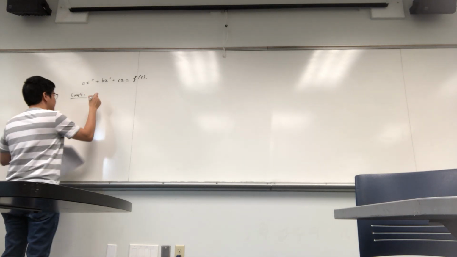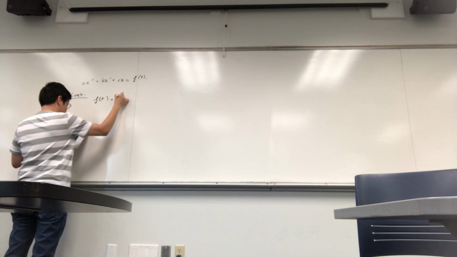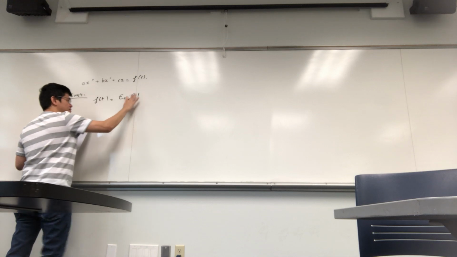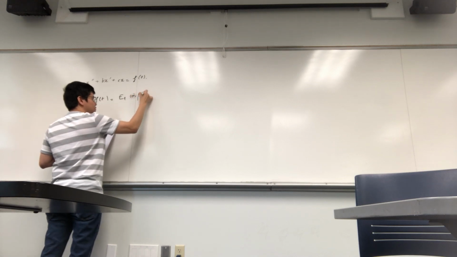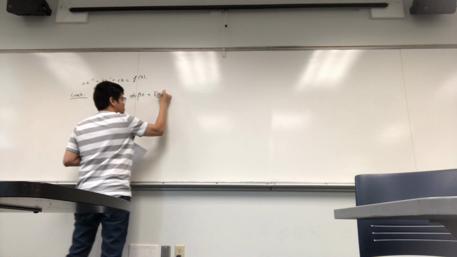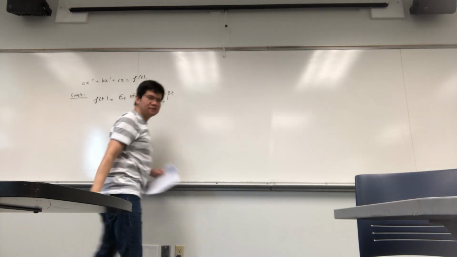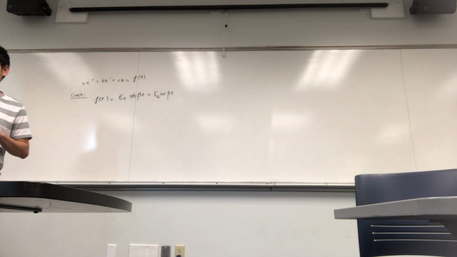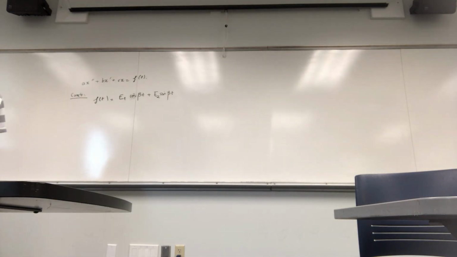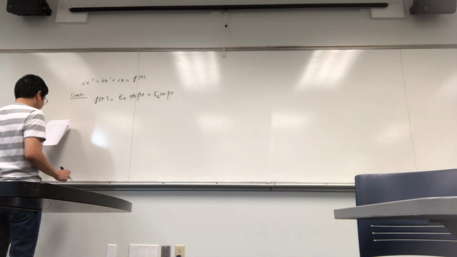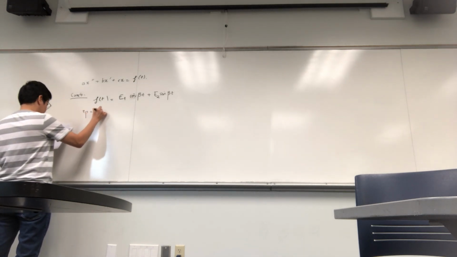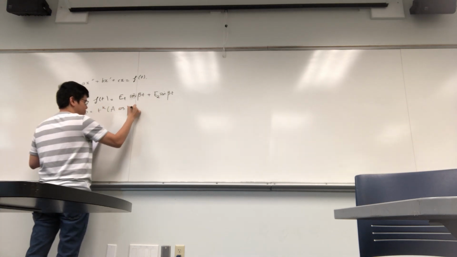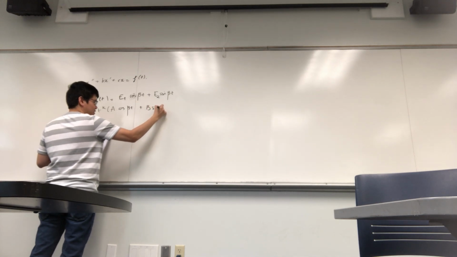In this case, the force will be of the form E1 cosine of beta t plus E2 sine of beta t. This is the form of the force. The force is of sine and cosine form, and so the particular solution will be xp equals t to the k times (a cosine beta t plus b sine beta t).